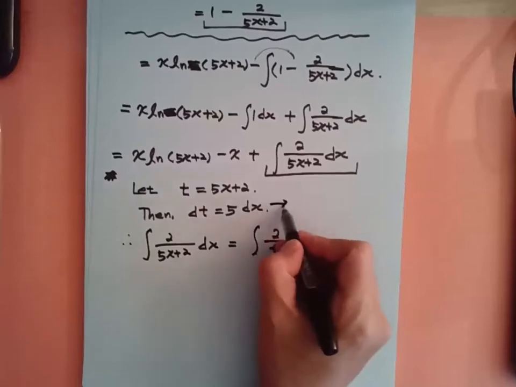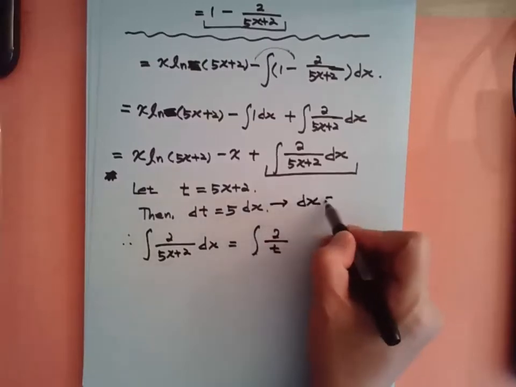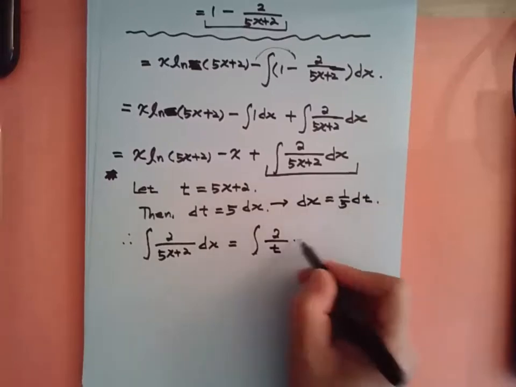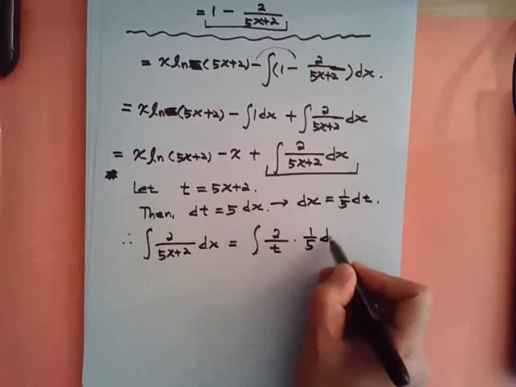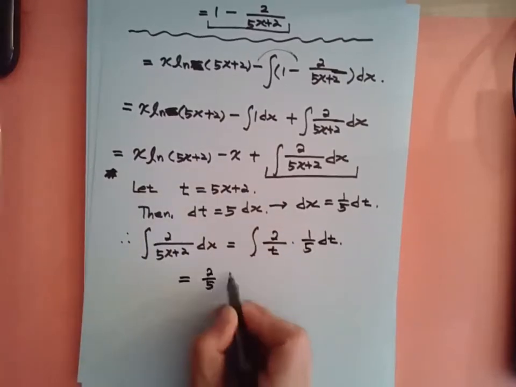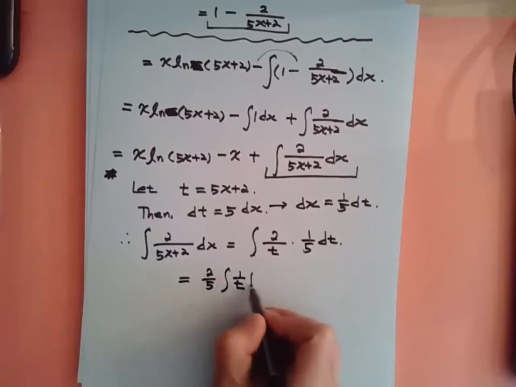And from here, dx equals 1 over 5 dt, right? So times 1 over 5 dt. So this one is 2 over 5 integration 1 over t dt.